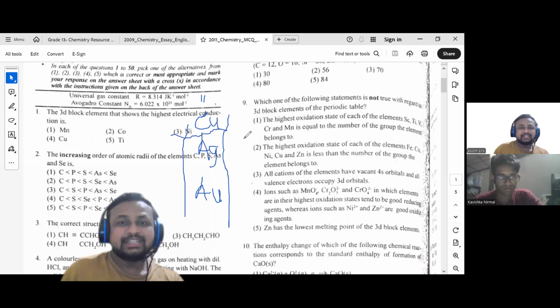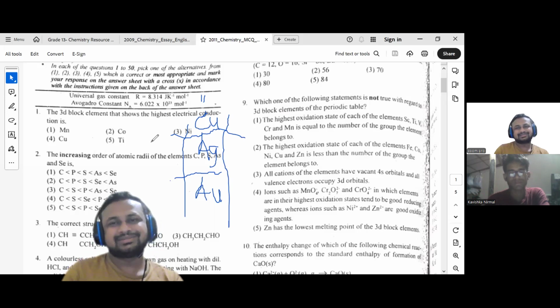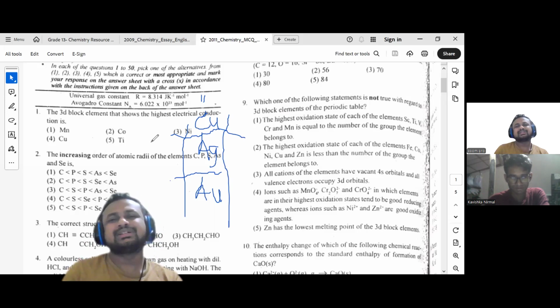All these elements are in the same group, meaning similar configurations. Copper is 4s1 3d10, silver 5s1 4d10, gold 6s1 5d10. Can you see all the configurations are in the same manner?